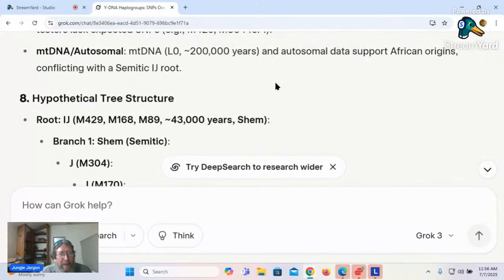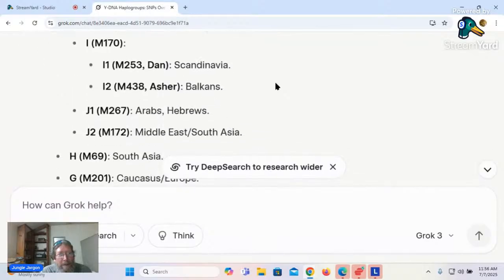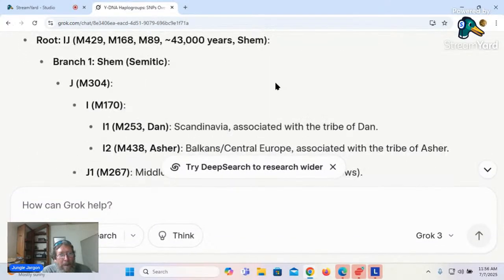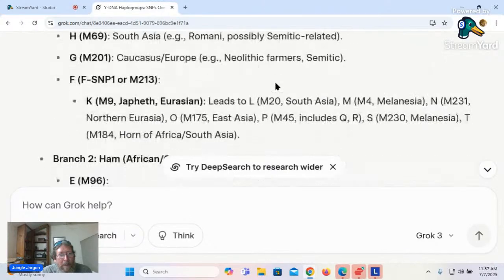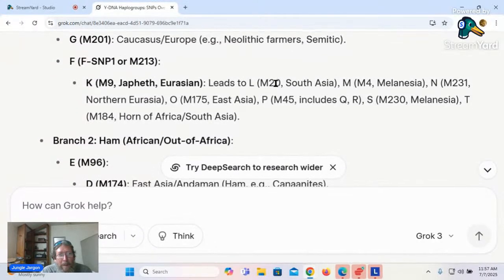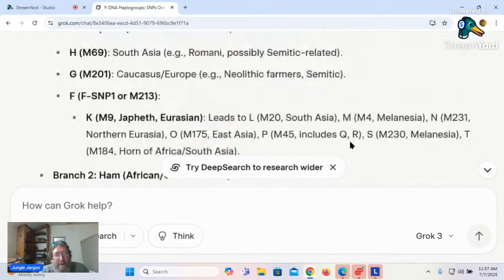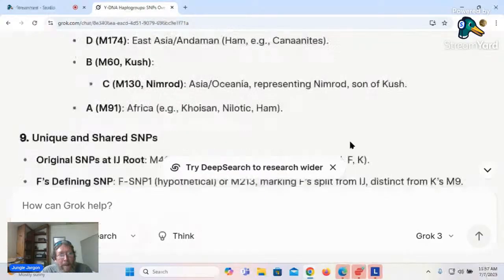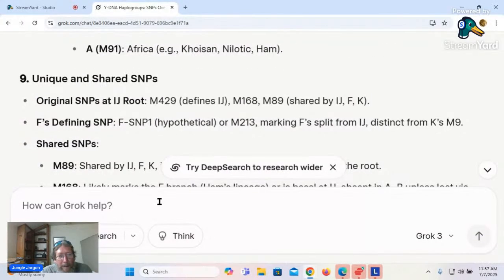Okay, hypotheticals, tree structure. K is your, okay. I already said K is a separate lineage. Okay. Oh, excuse me. I'll just go ahead and explain.